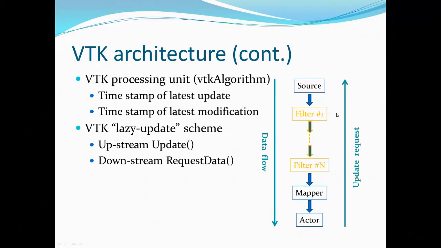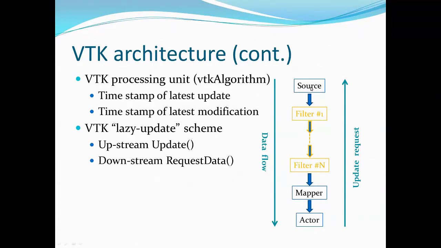Why I say the lazy update scheme is most efficient. For example, if you already updated the data from the source until the end, like a rendering window, and then you change one of the filters, the parameter of the filter, then the source doesn't have to be updated.